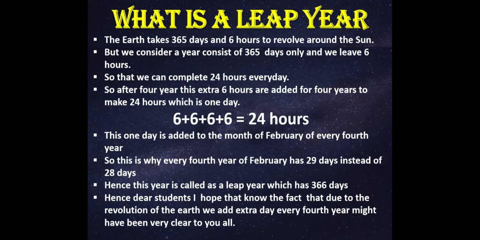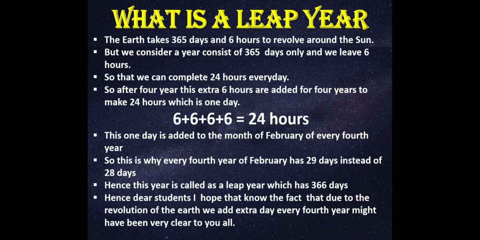Actually, the Earth takes 365 days and 6 hours to revolve around the Sun. But we consider a year to consist of only 365 days and we leave out 6 hours, so that we can complete 24 hours every day. So after 4 years, these extra 6 hours add up to make 24 hours, which is a day.